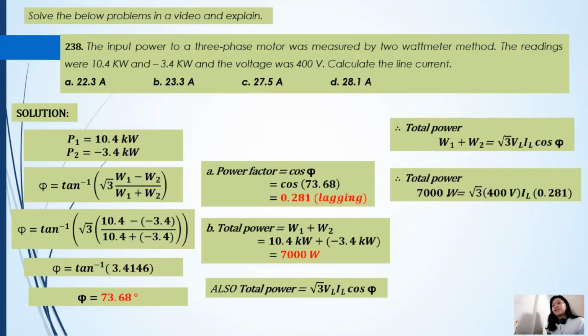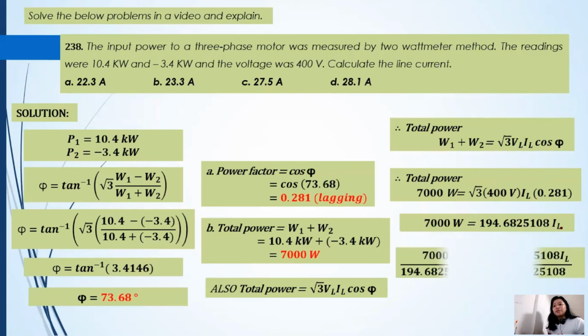So the total power is 7,000 watts equals the square root of 3 times 400 volts times our line current, which is the one we will be calculating, and the cosine phi, which is here 0.281. So 7,000 watts is equal to 194.682510 times the line current.